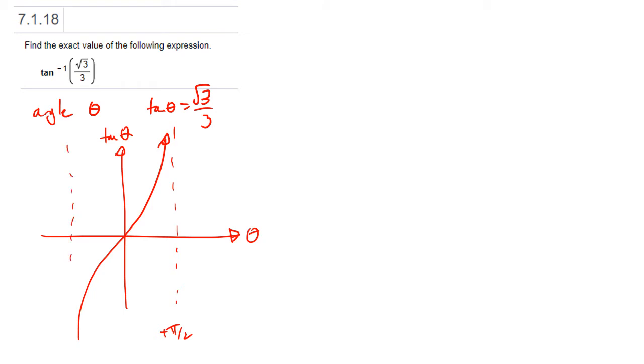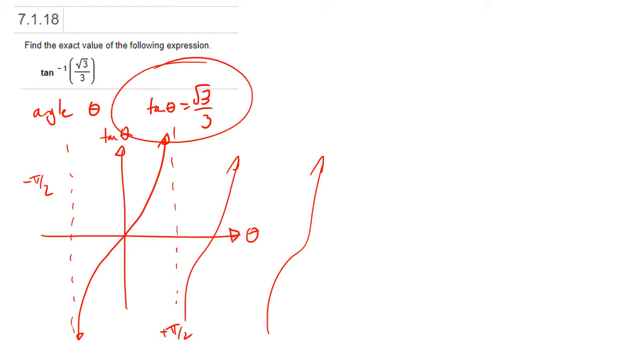The standard period for the tangent function is from -pi/2 to +pi/2. Anything that the tangent function does in the interval from -pi/2 to pi/2, it's going to repeat over and over again. And we're looking to achieve a value of √3/3. So it does so infinitely many times, but it only does so once per period.